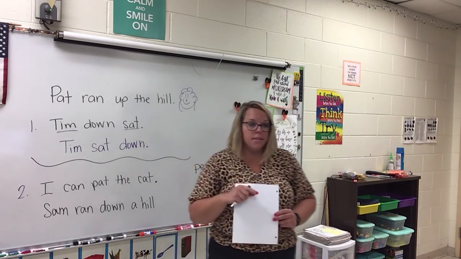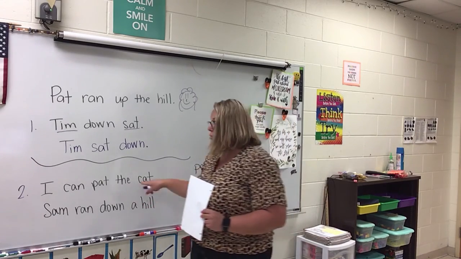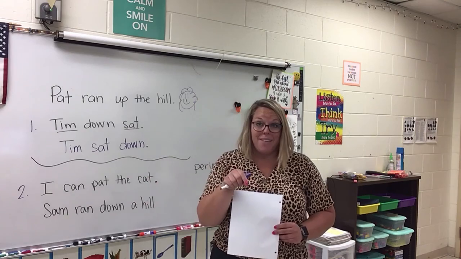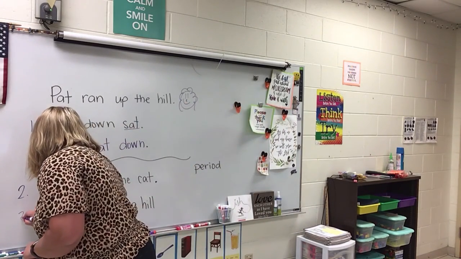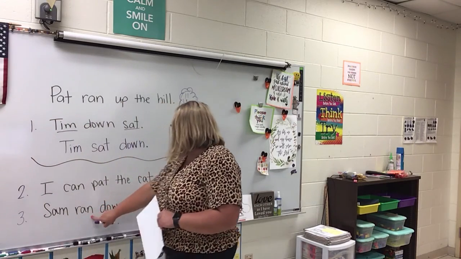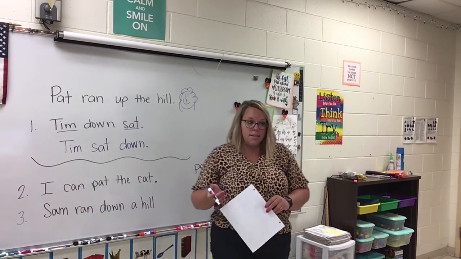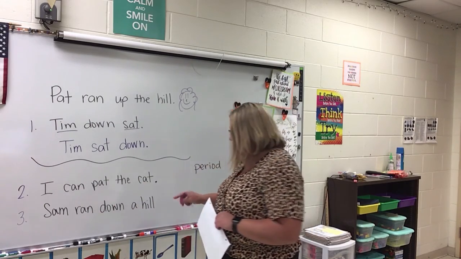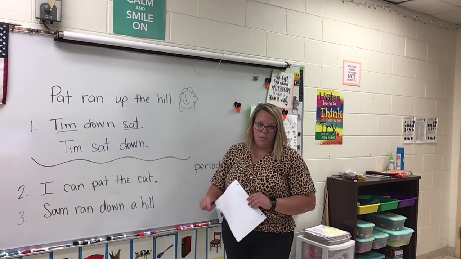Now let's go ahead to the second sentence at the bottom. If you needed time to finish writing, you go ahead and pause that video, and then when you're done, push play. This is sentence number 3. Sam ran down a hill. Is that a statement? Yes, it is. So what do we need to have at the end of our sentence?